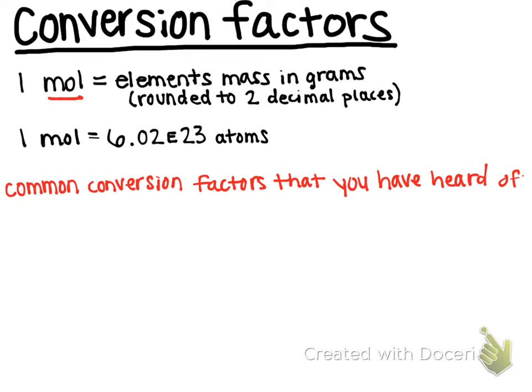If conversion factors don't sound familiar to you, I'm just going to write down some common ones so you can see what a conversion factor is. You don't need to write these down.